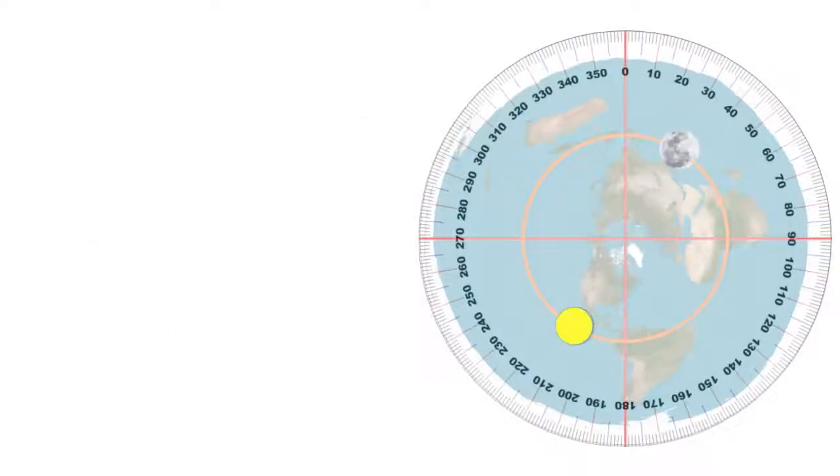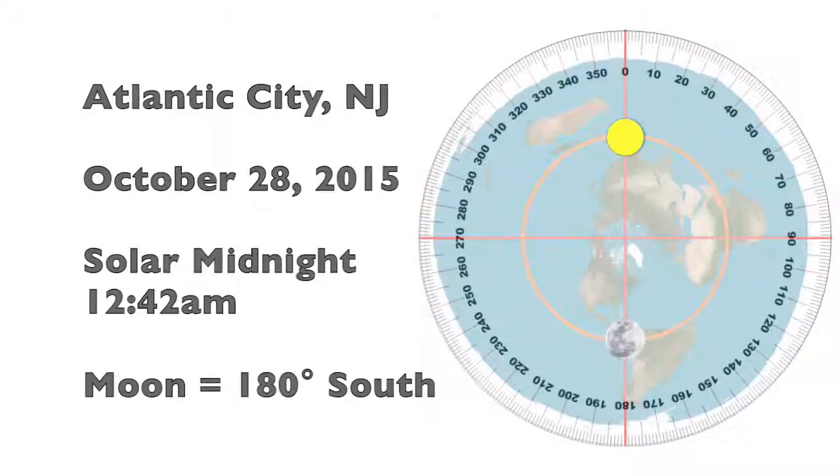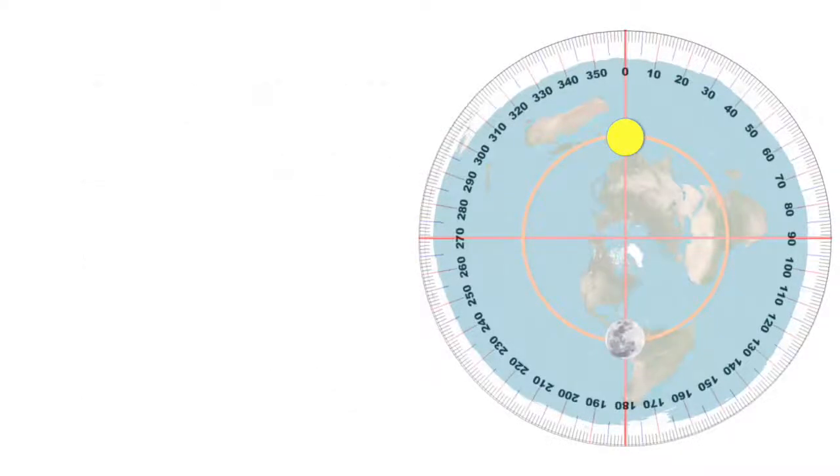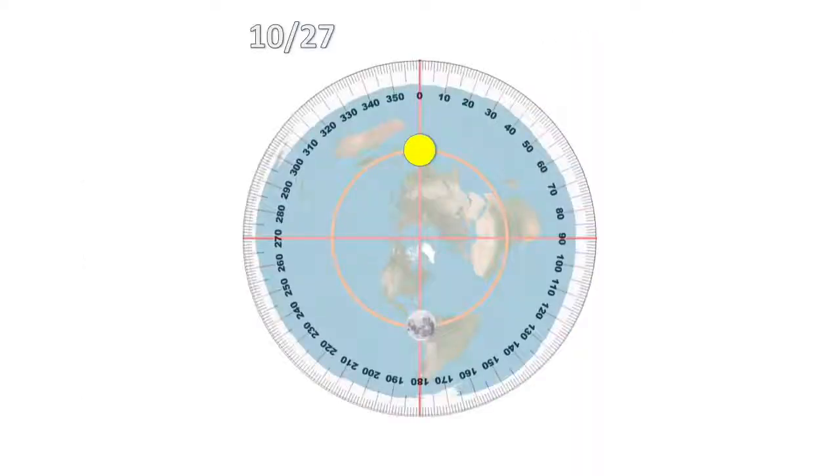Now we could fast forward 12 hours, make the sun and moon rotate in the sky. And 12 hours later, we're going to reach what I call solar midnight. At solar midnight on a full moon, the moon will be exactly 180 degrees south of you. That's because during a full moon, like tonight, the sun and moon are exactly 180 degrees opposite each other. But if you were to look at the moon tomorrow night at the exact same time, 12:42 a.m., the moon's not going to be in the same spot.